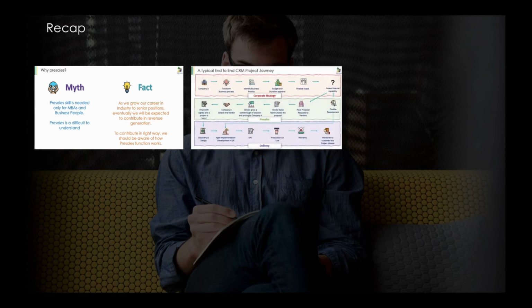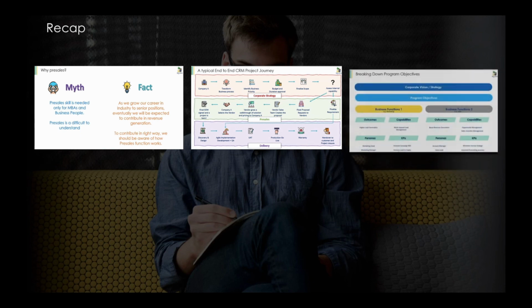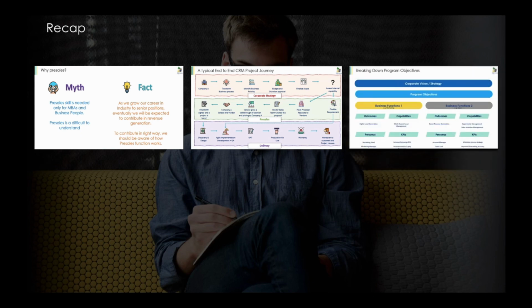Then we learned about the end-to-end CRM project journey, where we learned about 3 layers: corporate strategy, then the pre-sales function, then the delivery function. We saw the breakdown of program objectives, where we learned about corporate visions and program objectives. Then there might be multiple business functions.